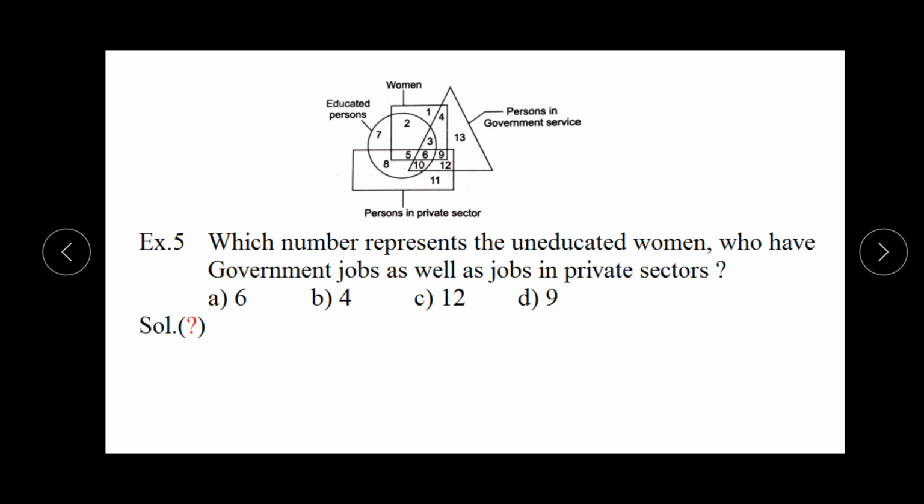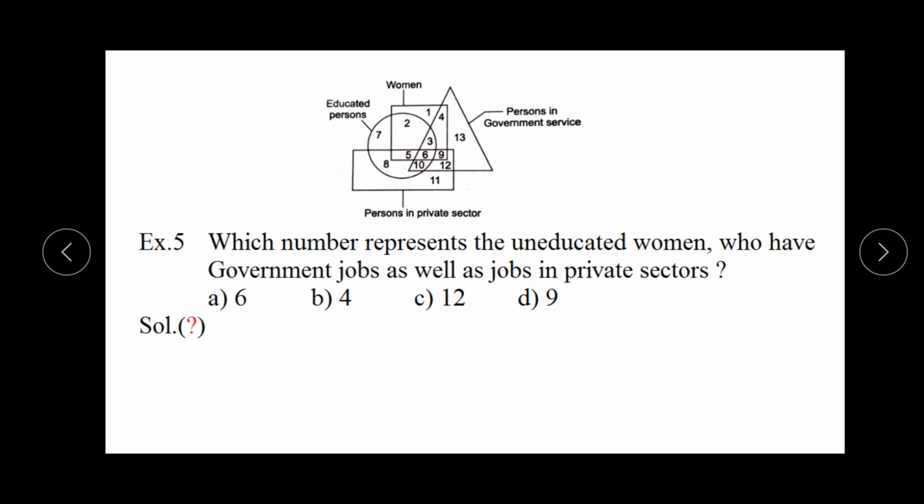But with this we have to find out who have government jobs as well as private sector jobs. It means the women must be uneducated but in the government sector and also in the private sector. If we focus on all these conditions, 1, 4, 9 are uneducated women.